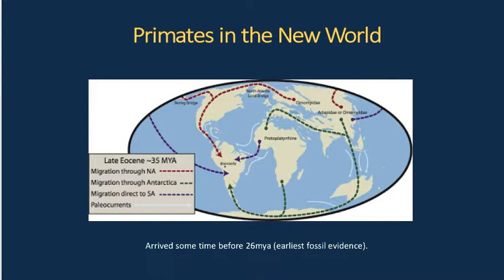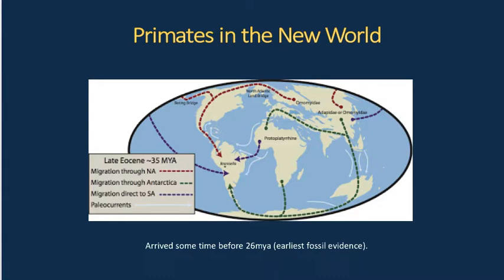The earliest fossil monkey species that has been found in the New World dates to about 26 million years ago. It's a genus called Branisella in what is today Bolivia.